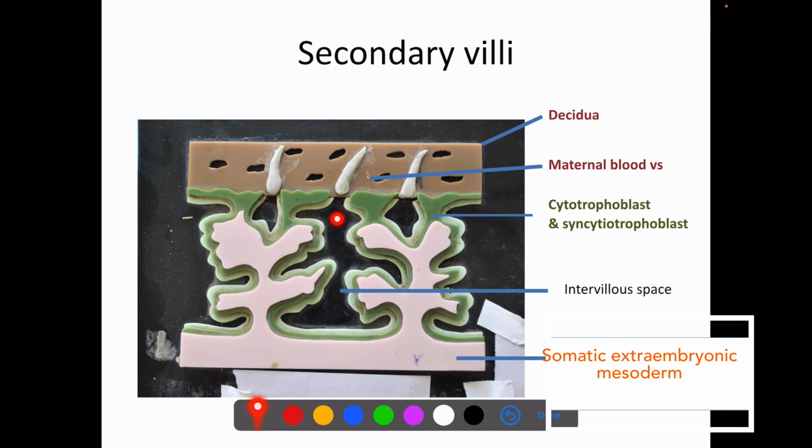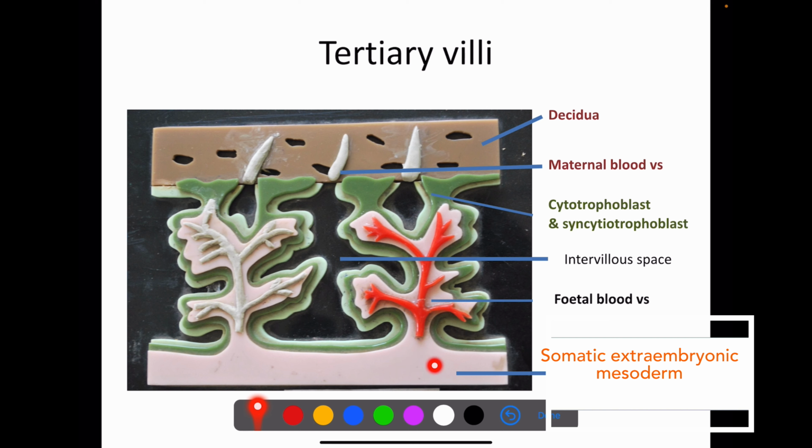Now the blood is being poured into the intervillous spaces by maternal blood vessels. As the development proceeds, the fetal circulation starts within the mesoderm, and these fetal vessels enter inside the developing villi. So this will now form the tertiary villi. So what is tertiary villi?